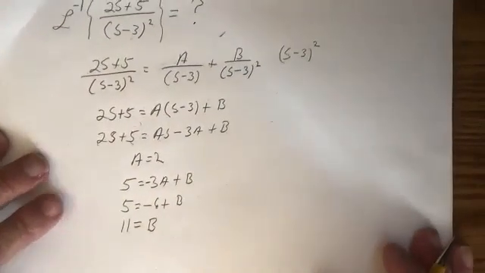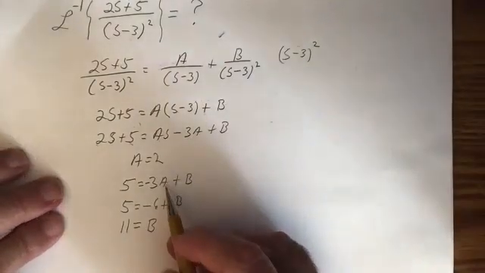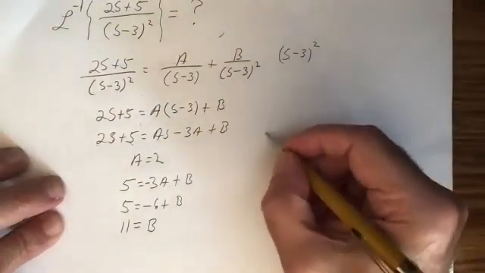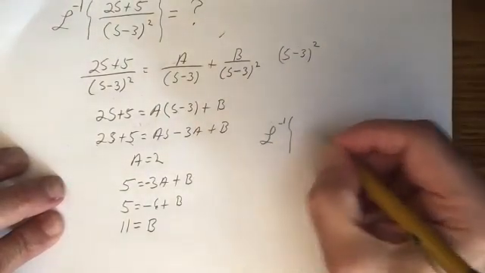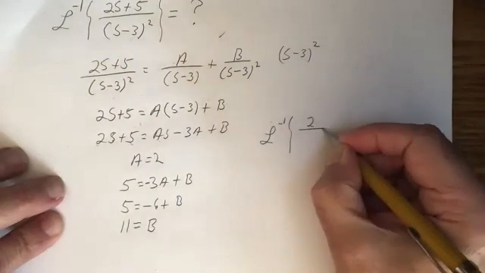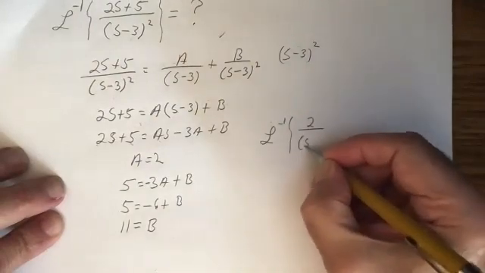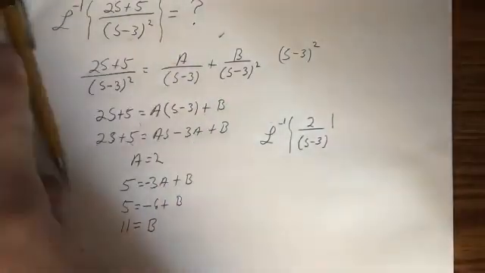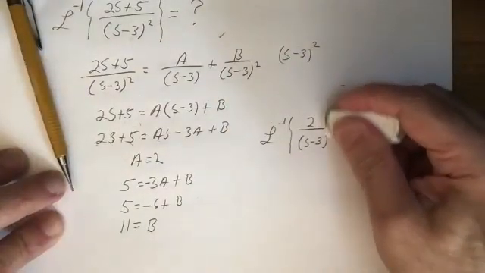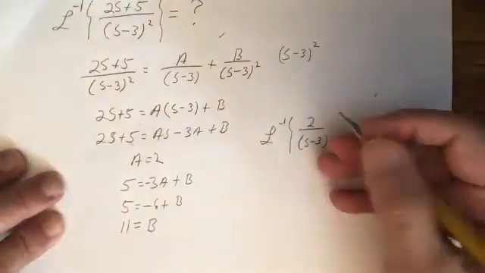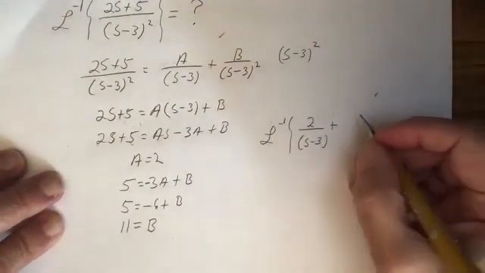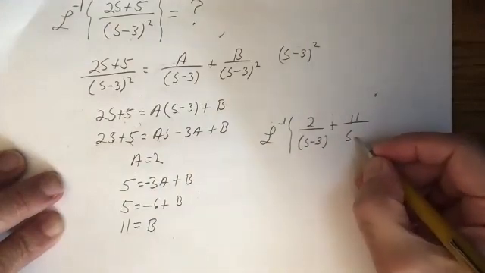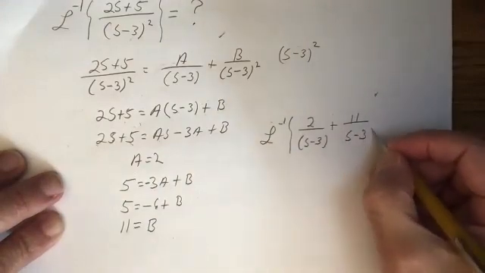Now what do I have here? I have the inverse Laplace transform of 2 over s minus 3 plus 11 over (s minus 3) squared.